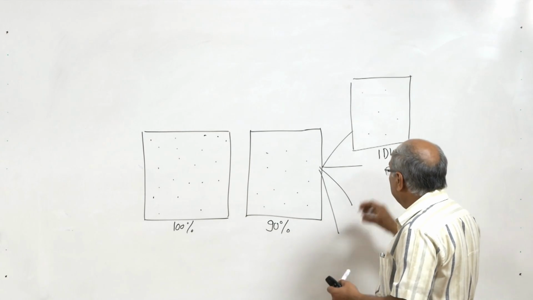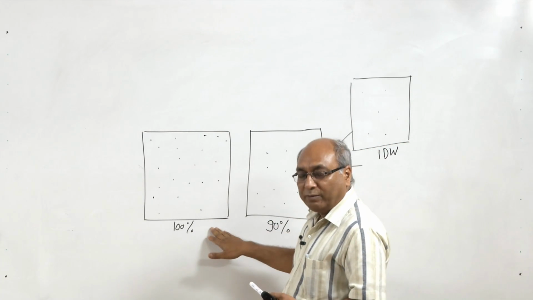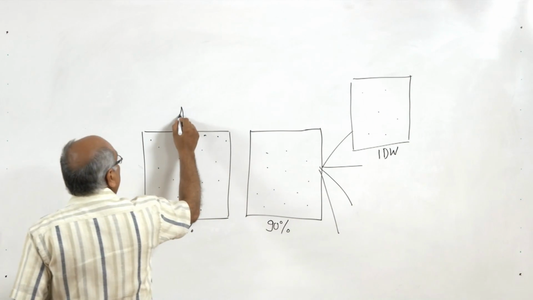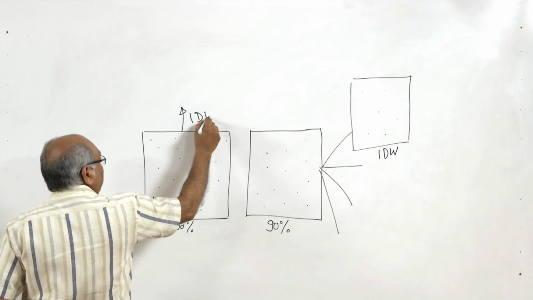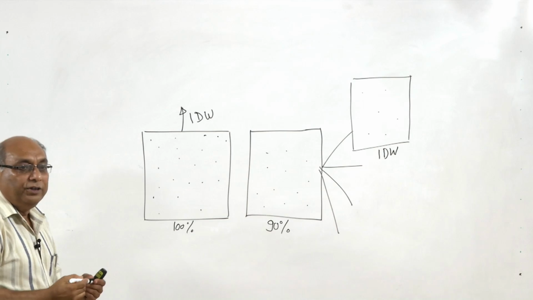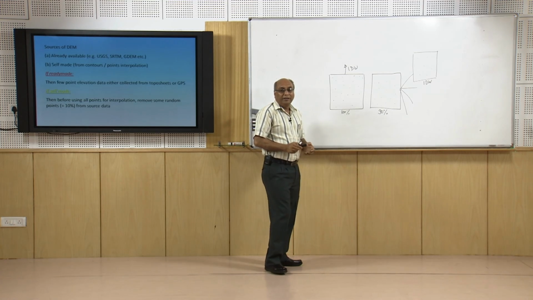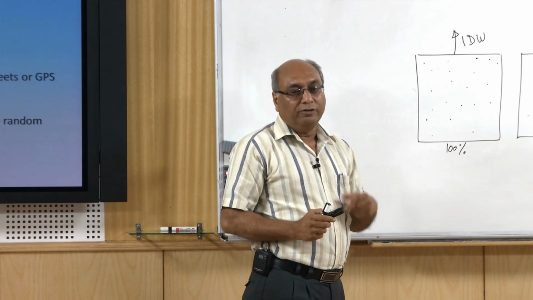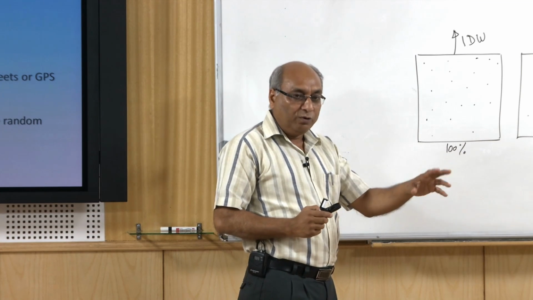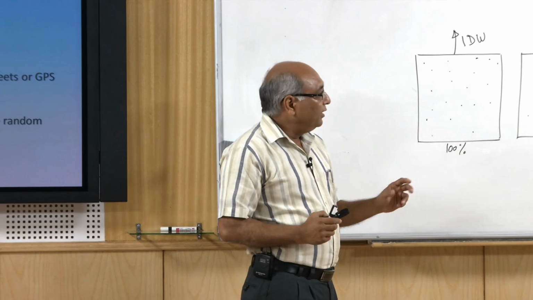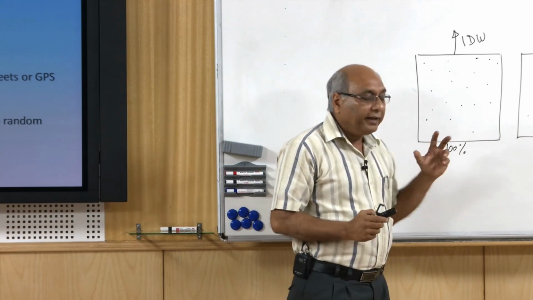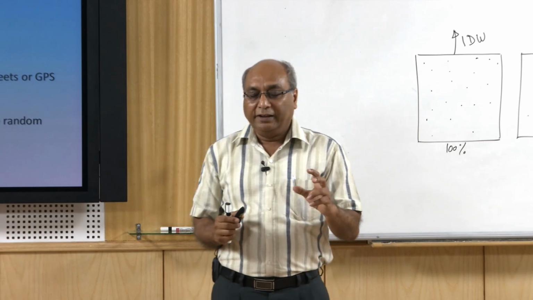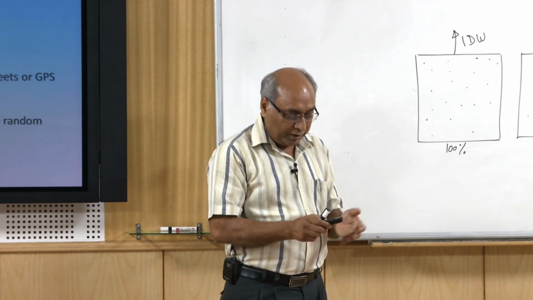So then I will go back to 100% points and then create a surface using the IDW method, because I know that IDW is giving the best results when I compared with 10% points, and those 10% points you have selected randomly. So there is no bias, and this way I can assess which DEM or which interpolation technique is suitable for my set of input points.